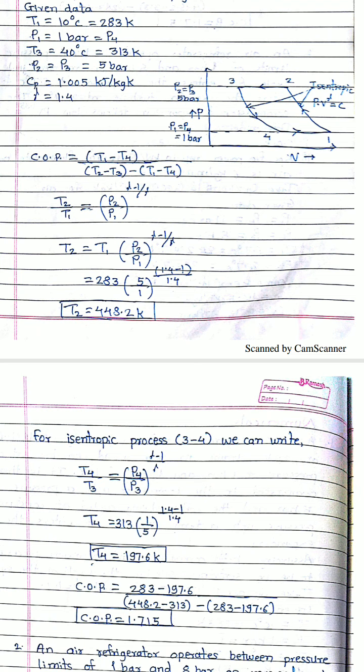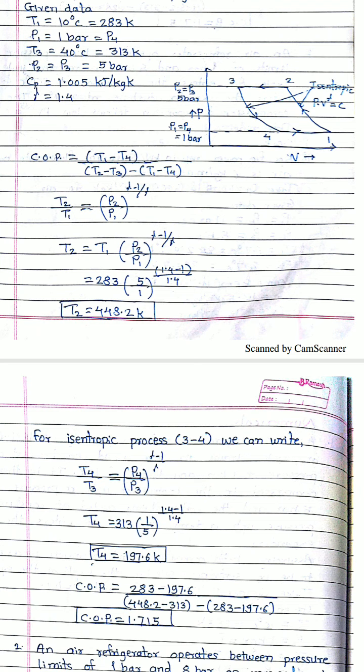But we will take the reverse of it: T4 upon T3 is equal to (P4 upon P3) raised to (gamma minus 1) upon gamma. So T4 is equal to 313 into, where P4 value is equal to P1, and P3 value is equal to P2.